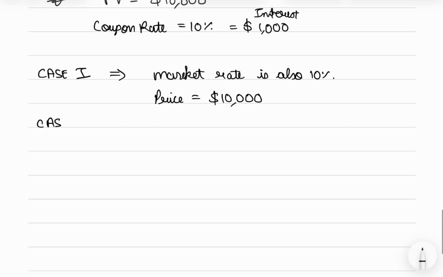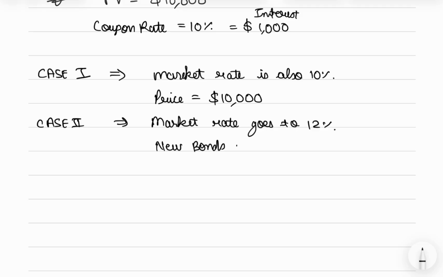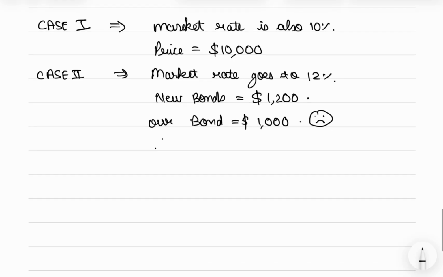Case 2: if the market rate goes to 12%, the new bonds in the market are giving around 1200 as interest, but our bond is giving only 1000, so this becomes less attractive, and therefore the price needs to be adjusted. Its price falls to adjust the return.